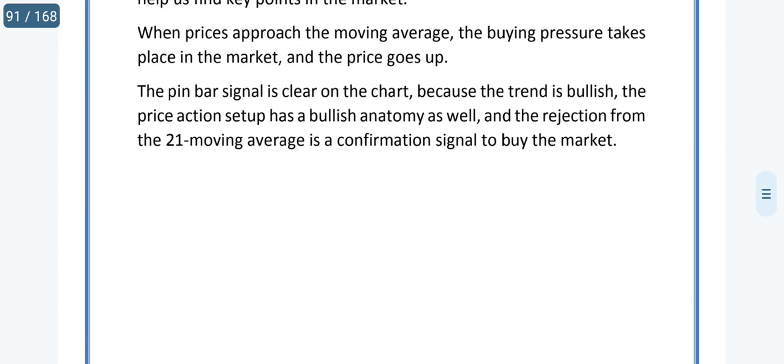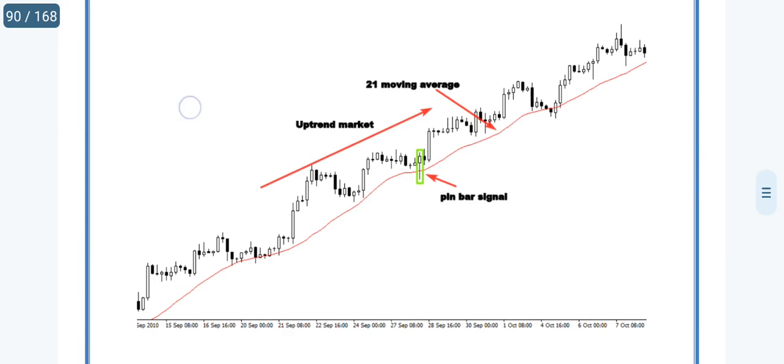So the price action setup has a bullish bias as well, and the rejection from the 21 moving averages is a confirmation signal to buy the market if you depend on this trend. So the importance of the moving averages is that they help us to identify penny bars, especially when it comes to a point where we cannot identify the support and the resistance level.